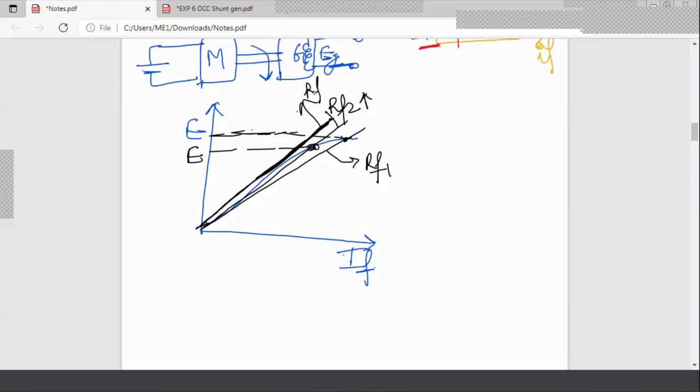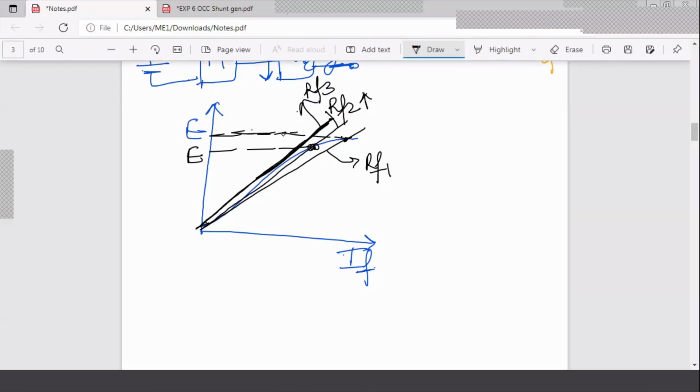RF3. Now, this is just touching at this point. This may be just touching it at any particular point, maybe at this point or the earlier point and so on. Maybe touching here at this point, somewhere here. This is EF1, EF2 and EF3, E3.